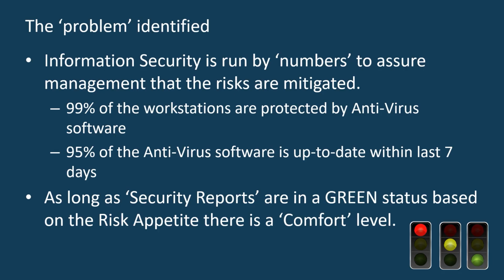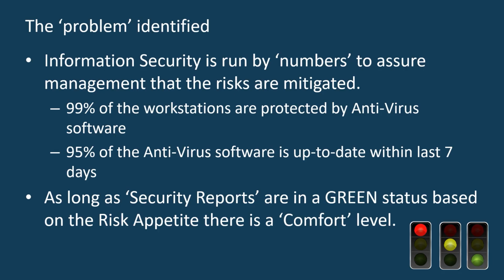Of those 99%, we see that for 95% of them, the antivirus software is up to date within the last 7 days. Some organizations use some number of days to look at. If it's a 7-day update of the signatures, they're happy. If it's 14 or 28 days, we start to see there are some values to reach.